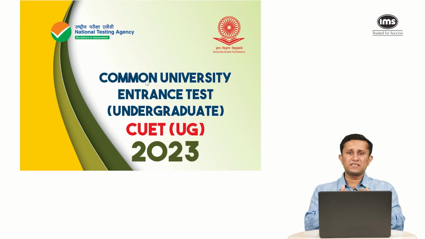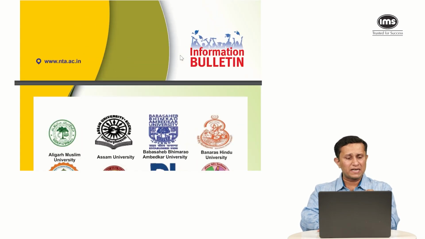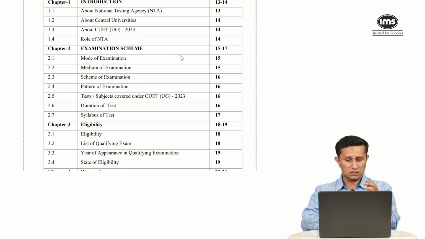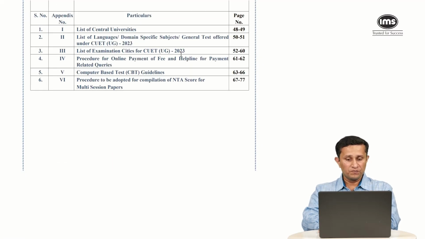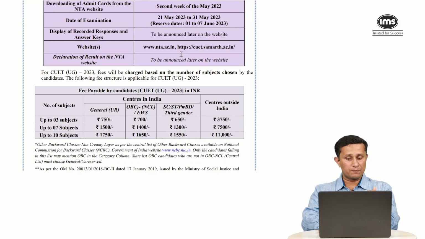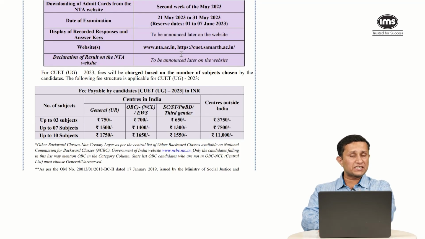Of course, because it is a pretty long document, 81 pages here, we will not go in great detail with respect to what it is all about. However, some of the key things that you need to keep in mind here when you are going through this document would be the structure of the paper. Here the fee structure, which we've anyways covered in earlier videos when we've seen the overview of CUET.